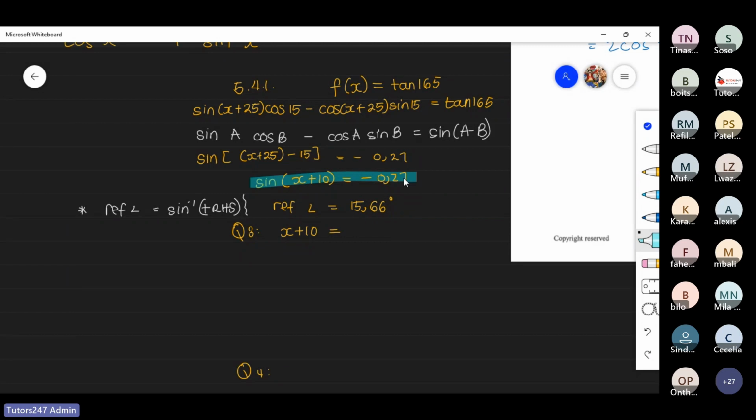So you ask yourself, am I using positive quadrants or negative quadrants? And how do I know whether I'm supposed to use positive or negative quadrants? The answer comes from what sine is equal to, or what cos is equal to, or what tan is equal to, whatever you are dealing with. Is it equal to something positive or is it equal to something negative? In this particular case, we have sine of our angle equal to negative 0.27.